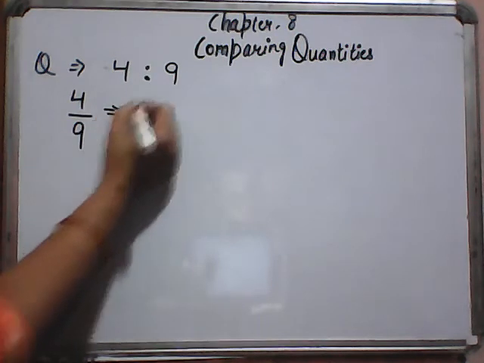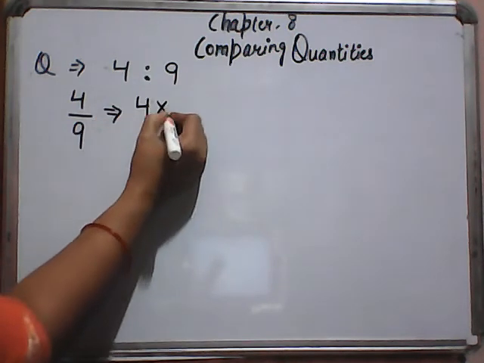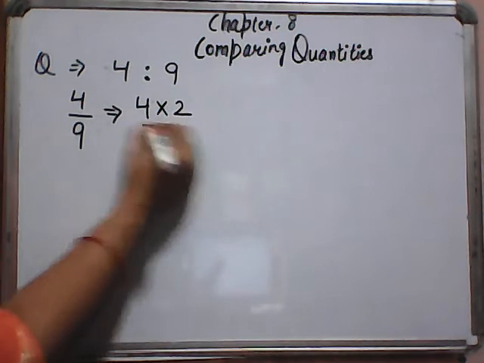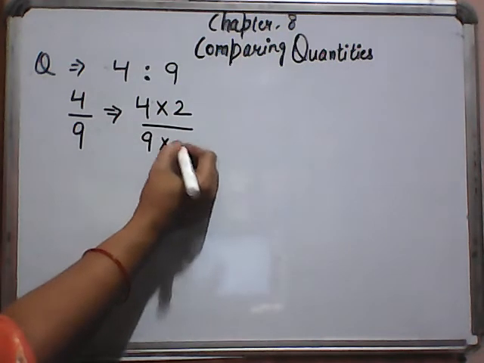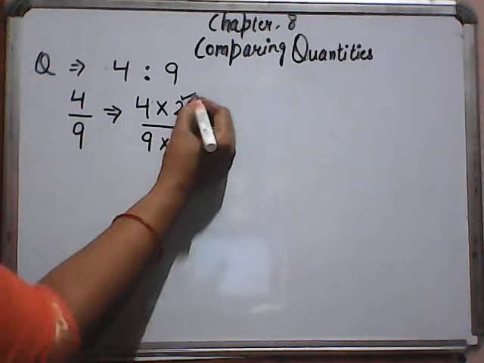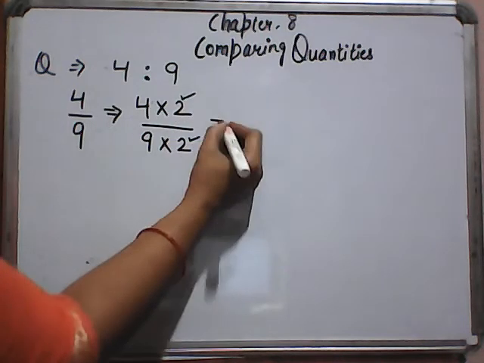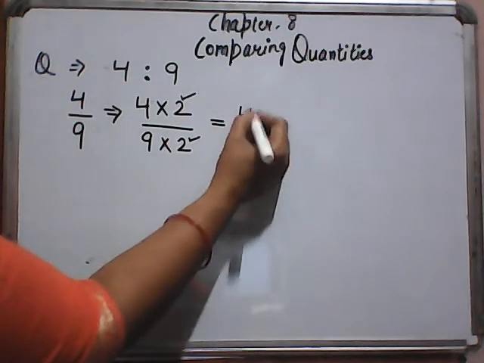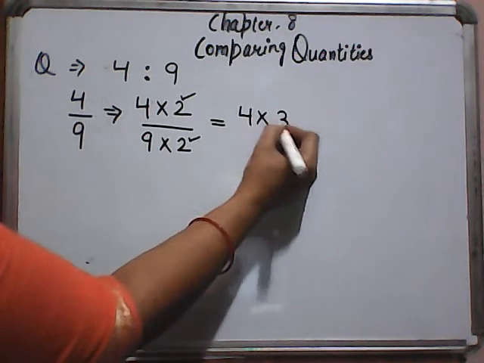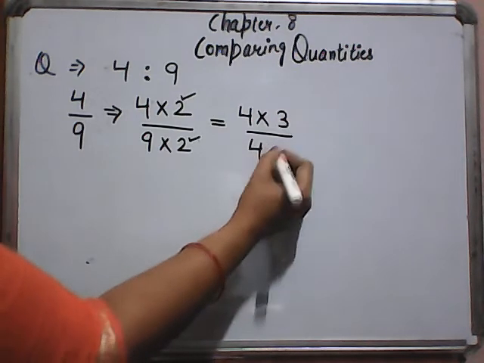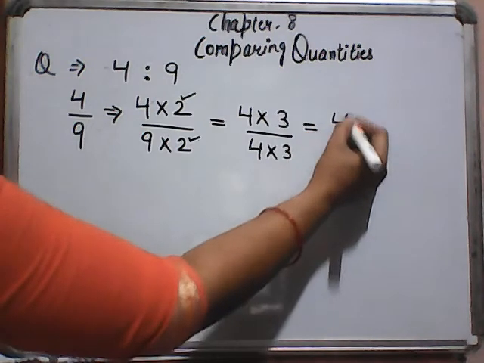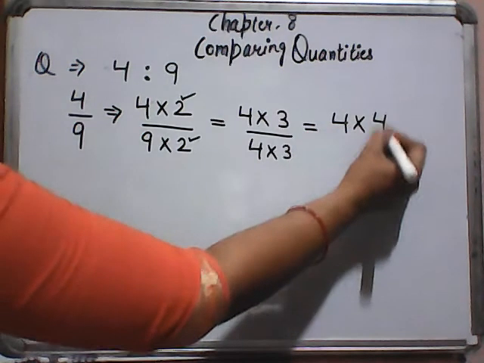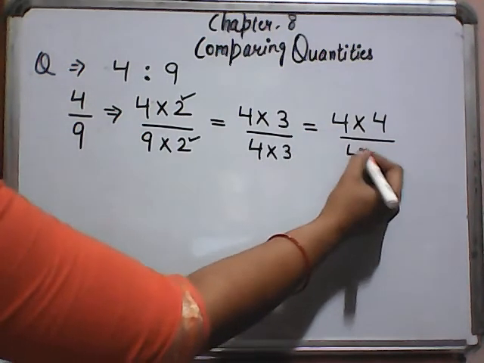Now, an equivalent ratio can be obtained by multiplying the numerator and the denominator by the same number. Here we have multiplied by 2. Next equivalent ratio can be obtained by multiplying by 3 to the numerator as well as the denominator. Next equivalent ratio can be obtained by multiplying by 4 to the numerator and the denominator.